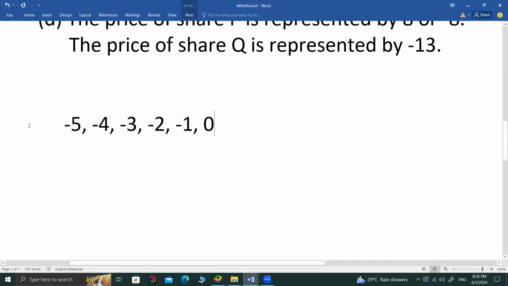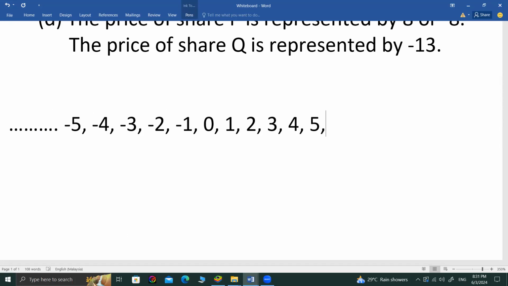And here we do have -6, -7, and so on. And here I got 1, 2, 3, 4, 5, and so on. I put 3 dots will do. The 3 dots represent 'and so on'.